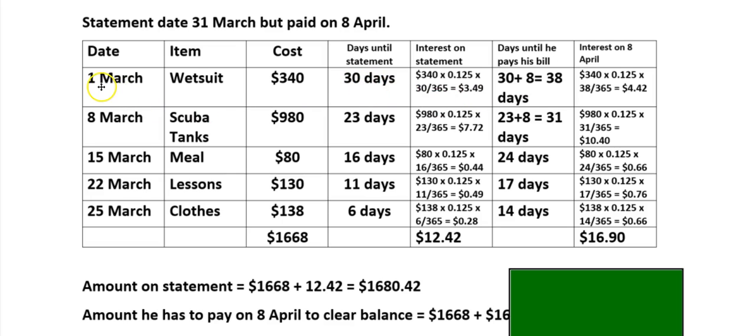Rather than working out how many days it is from the 1st of March to the 8th of April, I've said it's 8 more days, because this is the 31st of March, and the 8th of April is 8 more days on top of the 31st of March. So for each of these days here, I've added 8. 30 plus 8 is 38. 23 plus 8 is 31, and so on all the way down. And I've done a similar thing, just adjusted my calculations. Instead of the 30 days here, I've made it 38 days and redone my calculations.